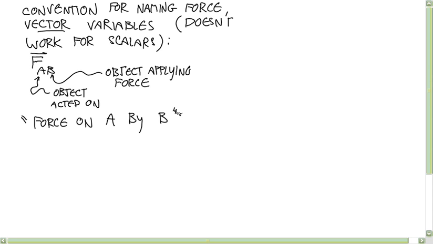And it has to do with Newton's third law. Basically, you never have to think about Newton's third law again. It just happens automatically. And it works like this.